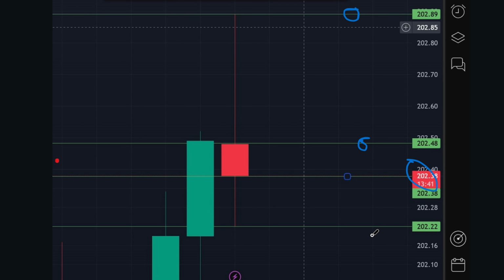Then it fell down to $202.22. And eventually it has come up a little bit to $202.38. So we call it a bearish candle or bear candle, because the value of this coin has gone down within that given time frame. And the normal color of a bearish candlestick is red.